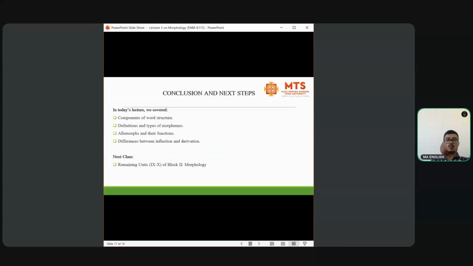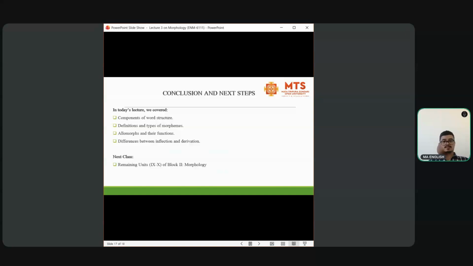Okay, so now let's summarize what we have covered in today's lecture. Today we have covered the building blocks of words, like roots, stems, affixes, free and bound morphemes, and allomorphs, and how inflection and derivation work.